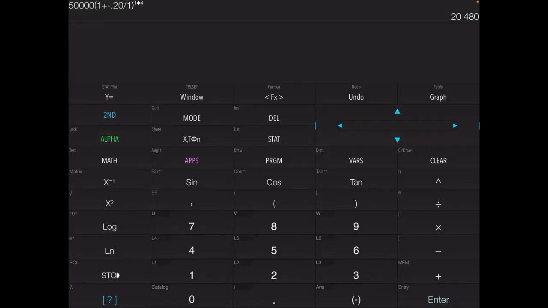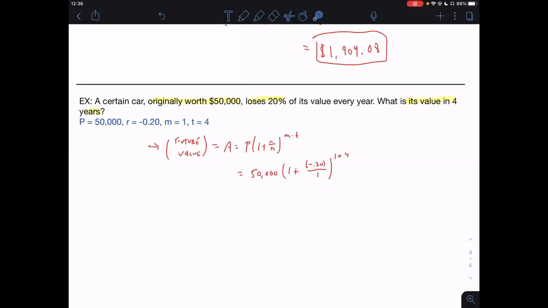So this car that's initially worth $50,000, if it's losing its value 20% every year, then after 4 years, it's going to be worth $20,480. So a huge decrease there. Okay.